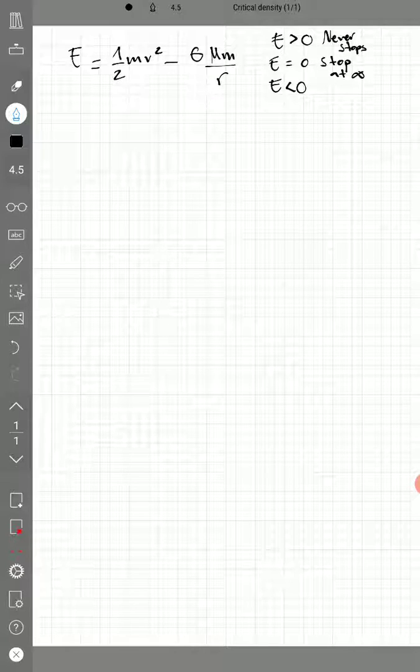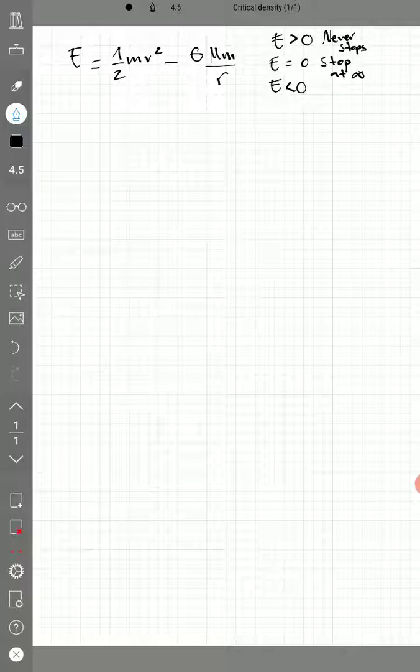That means that it's gradually slowing down until it has no energy, but that only happens at infinity. That's when these two terms are equal, when the kinetic and the potential are the same. And then if E is smaller than 0, it's what we call the scenario of the big crunch. That means that it will come back to zero size.